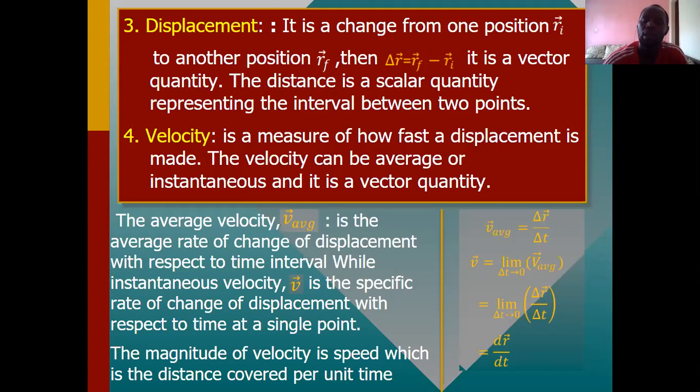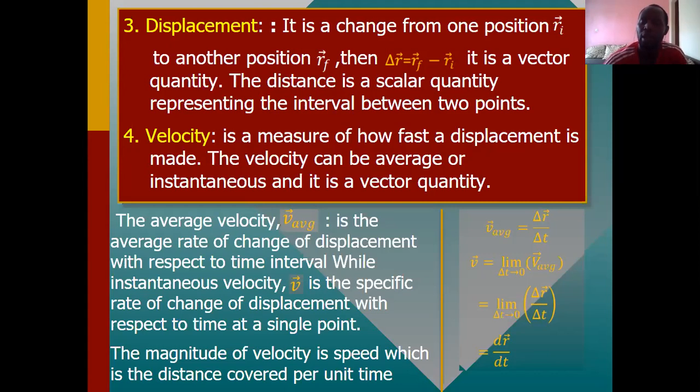So on the formula, the average velocity is calculated as the displacement over the time interval, or the change of time. And the instantaneous velocity is the limit of the average velocity when the change of time tends to 0.